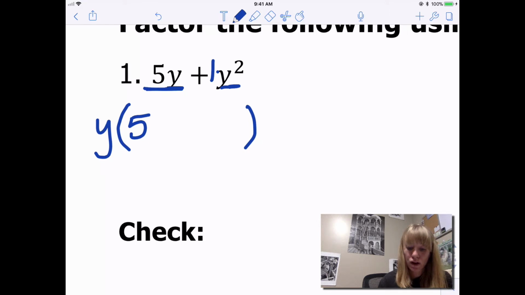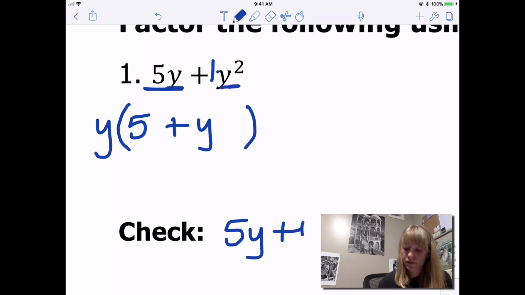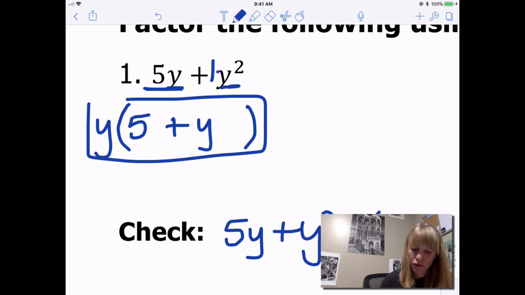And then what times y gives me y squared is just 1y, because y times y is y squared. I can check: y times 5 is 5y, and then y times y is y squared. That looks correct. It's exactly what my original problem was, so that's my factored form, y times 5 plus y.